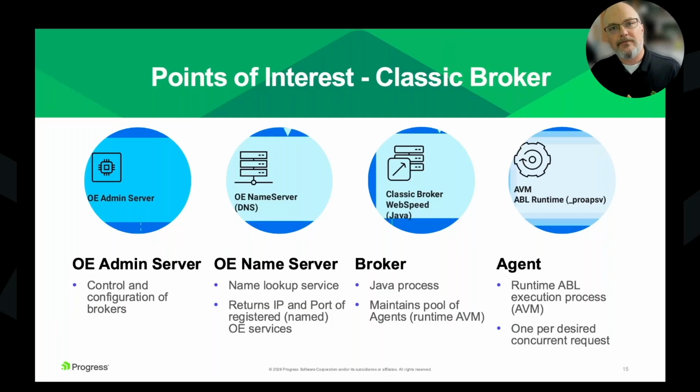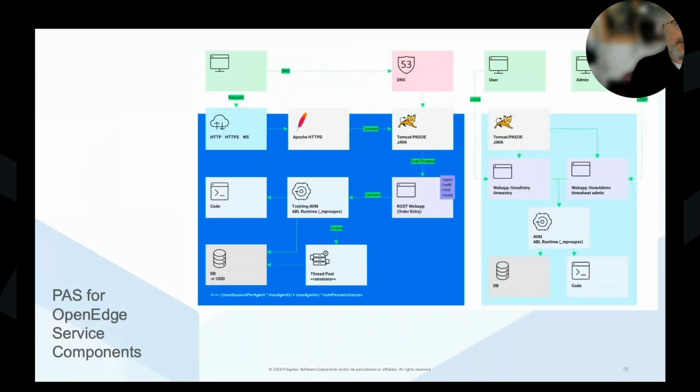And if I wanted to run 5 requests in concurrency, at the same time, I would need to have 5 executing agents. Now, if we take that same idea and look at what a PaaS type deployment might look like, we have subtly different things here. One of the things that is conspicuous by its absence is the OpenEdge name server.